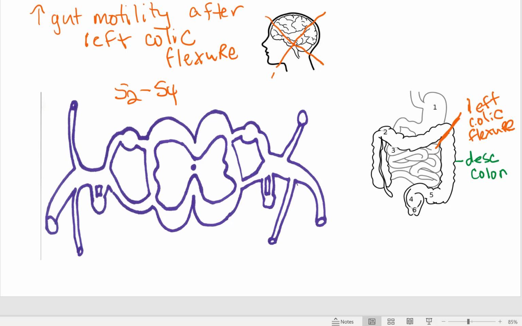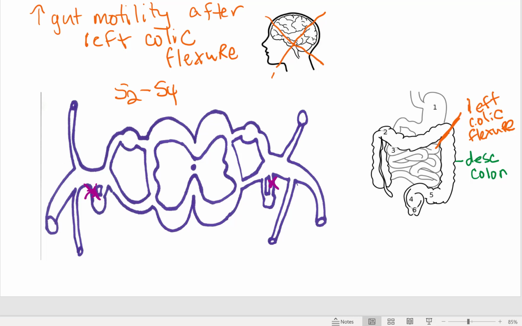For example, the white communicating ramus would not be there. White communicating rami are only found at levels T1 through L2. So that structure that I put a purple X through on both sides would not be present.